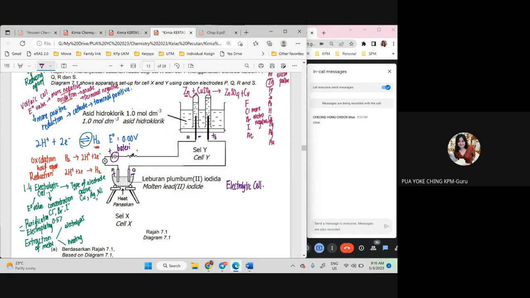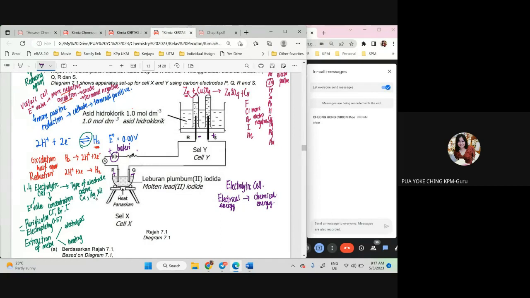So for an electrolytic cell, it has a battery, meaning you supply it electrical energy, then it reacts to produce chemical energy. Okay, so this is the energy change. If there is a battery, it starts from electrical.